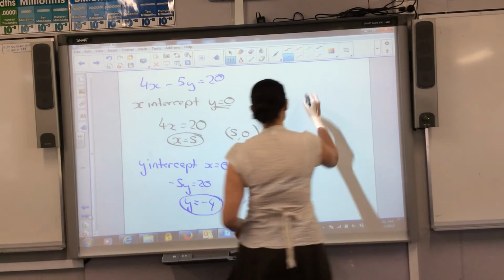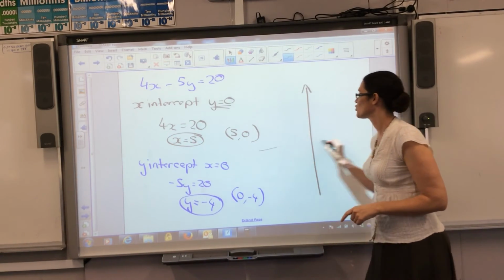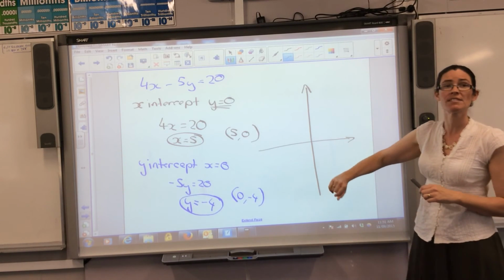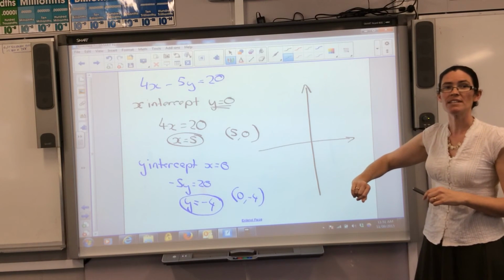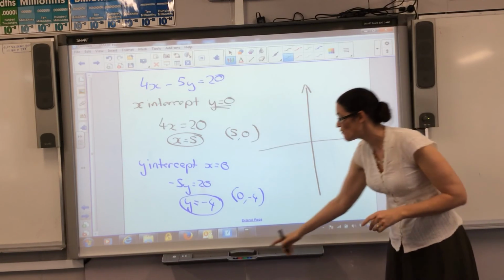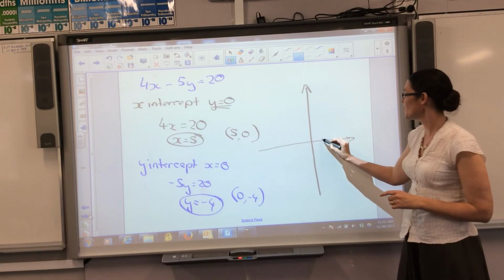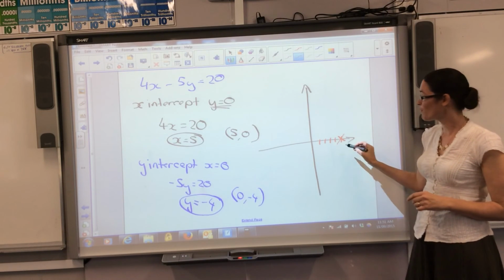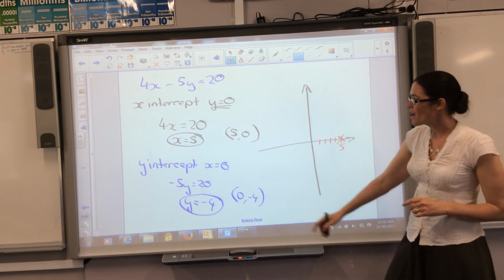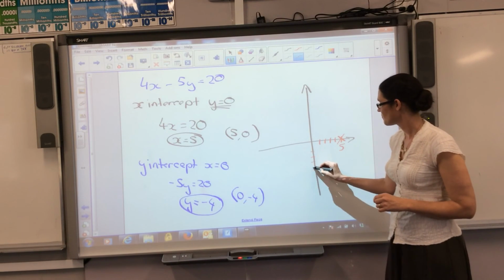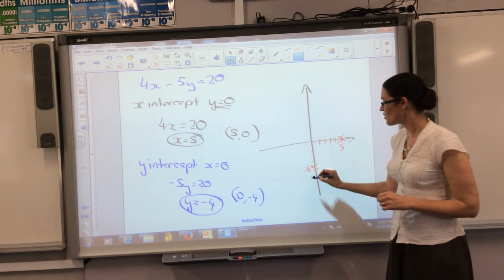On my axis, I have 5, 0. So 5, 0, that's over here. I've crossed at 5. On my y, I have y equals minus 4. I've crossed here.